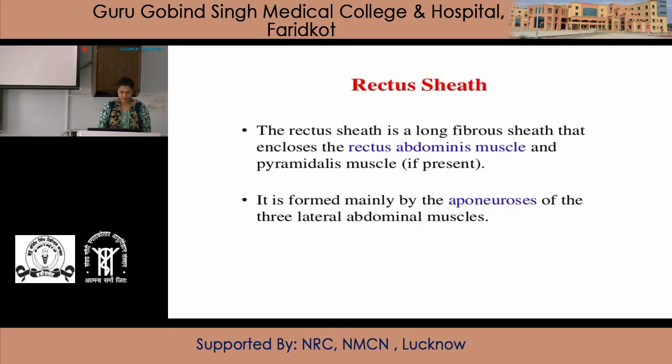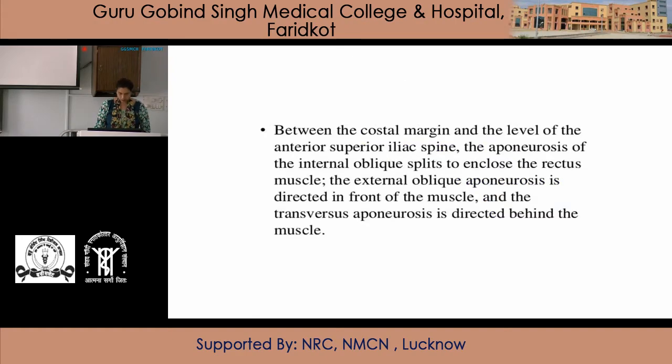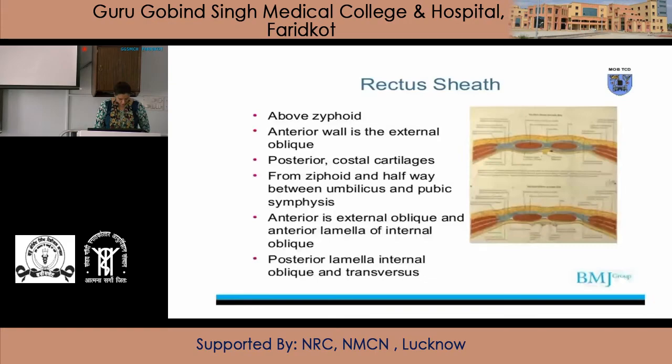It is formed by the aponeurosis of the three lateral abdominal muscles, that is the external oblique, internal oblique and transversus abdominis muscle. The rectus sheath has two walls, anterior wall and posterior wall. The anterior wall is complete from end to end.